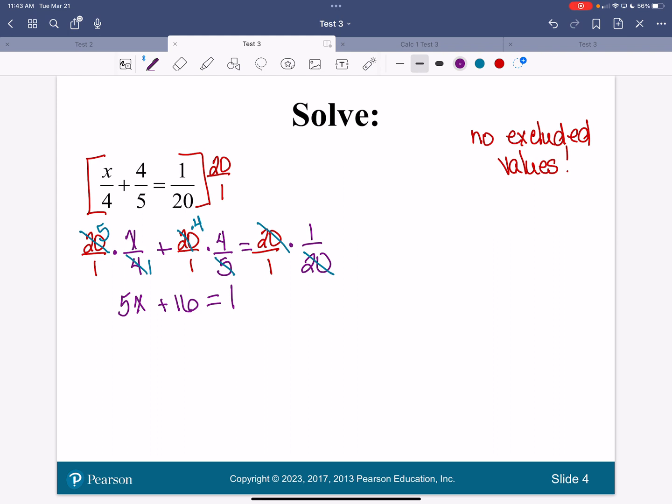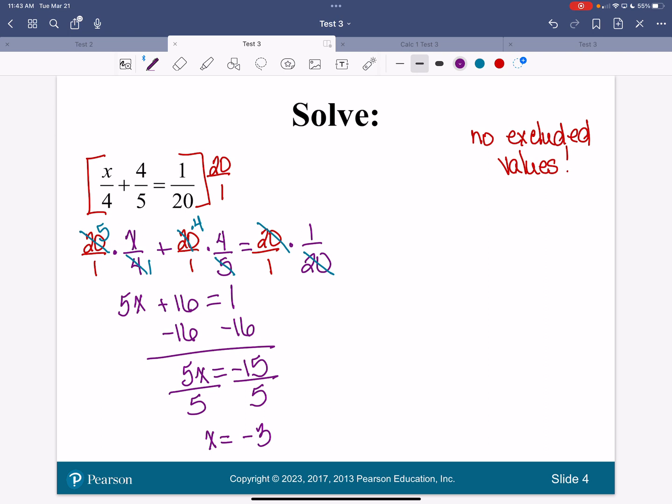And do we know how to solve this equation? We do. We subtract 16 from both sides. And then I have 5x equals negative 16, or negative 15, I'm sorry. I divide both sides by 5, and I get x equals negative 3.